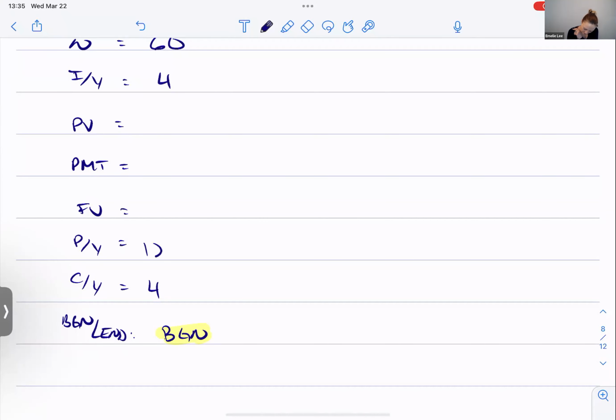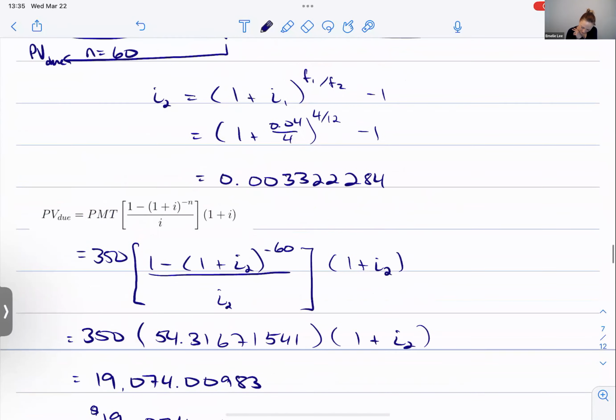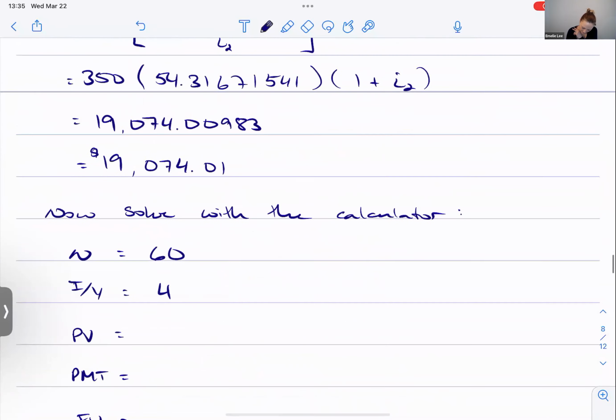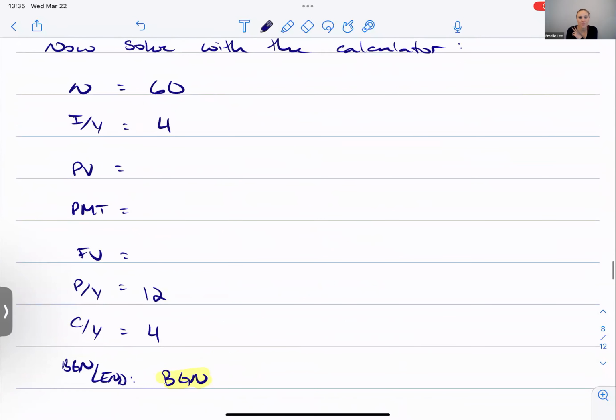The payments per year were monthly, 12. The present value is what I want to solve for. The payment amount is 350. Now, because I'm paying this amount, I have to make it negative. And the future value, once it's all paid off, the value of the loan should be 0. Right? Just like that, we have all the things that we need.